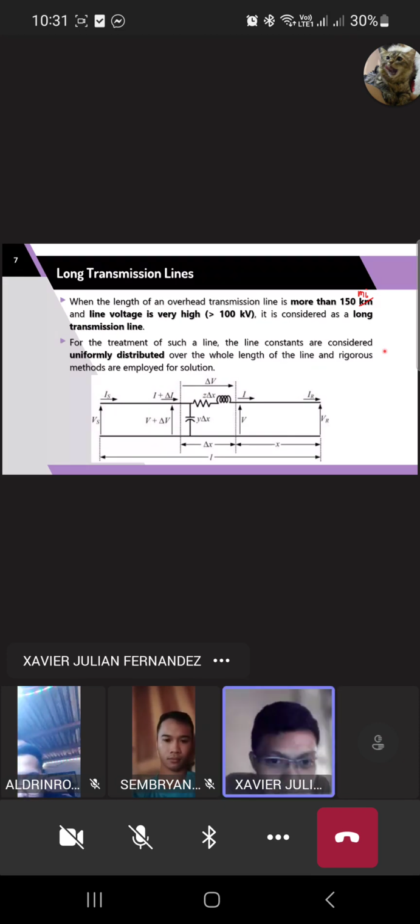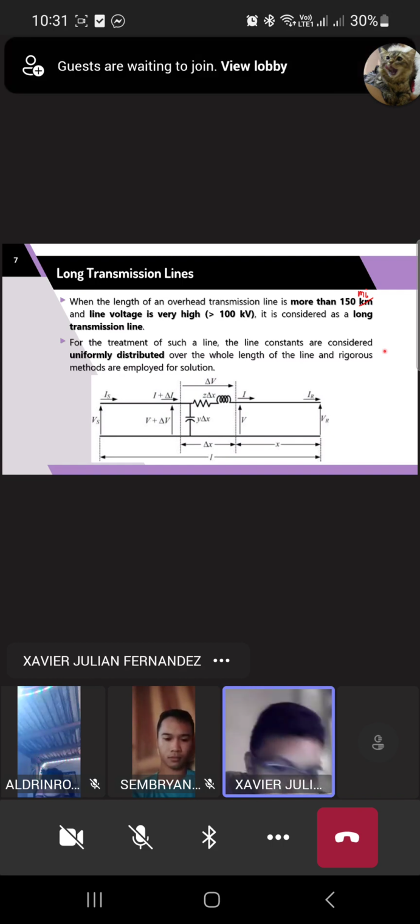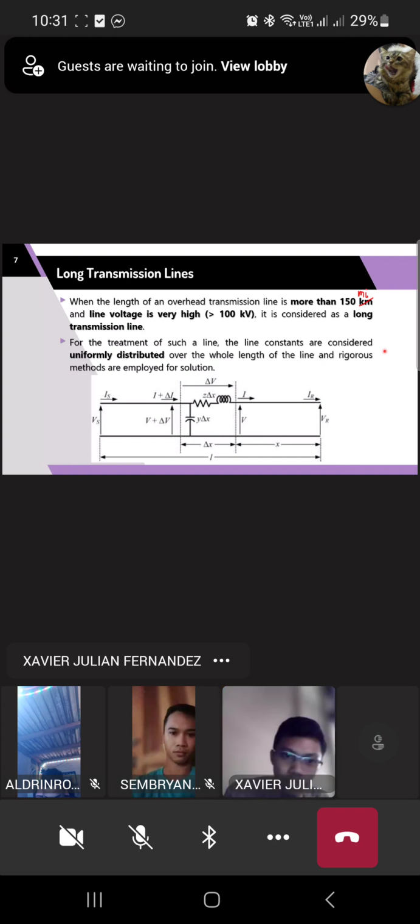Please remember that, they are distributed. Like the integral, dx is similar here because your parameters are distributed, so your line is also distributed. The length of the line is distributed.